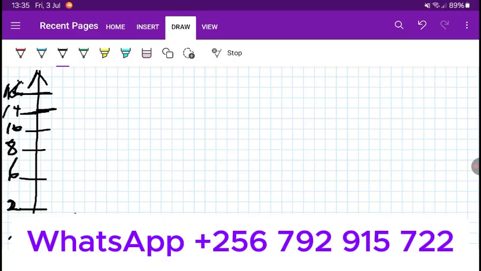Then we come and label our values depending on the scale that you have. Here we have midpoints or class mark. You name those axes, and then you also put a title. You can just say frequency polygon.